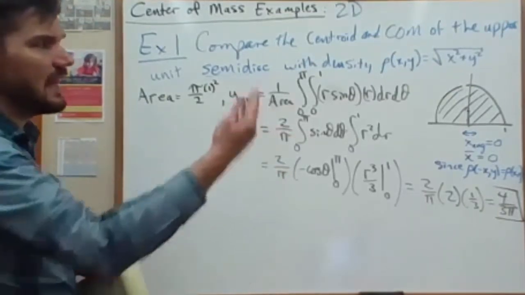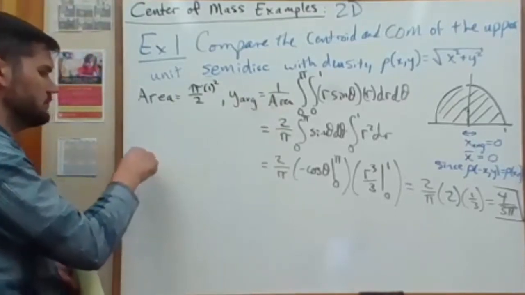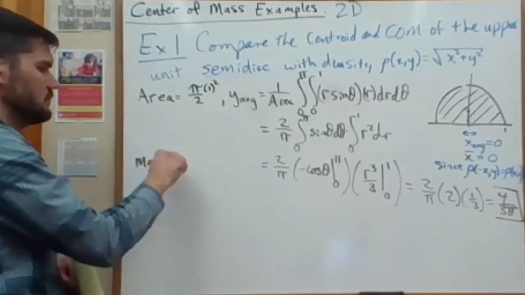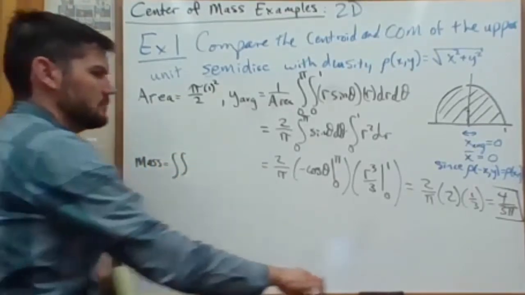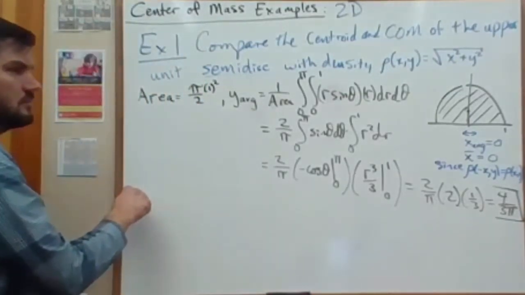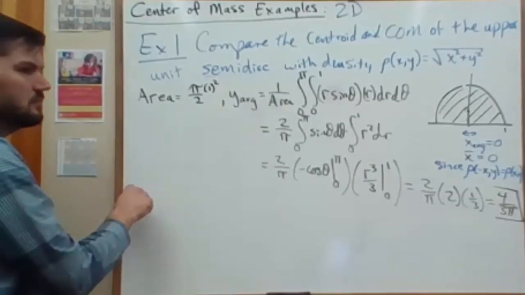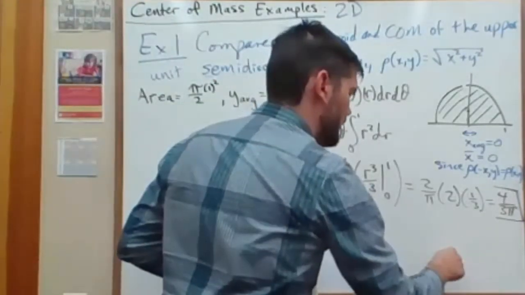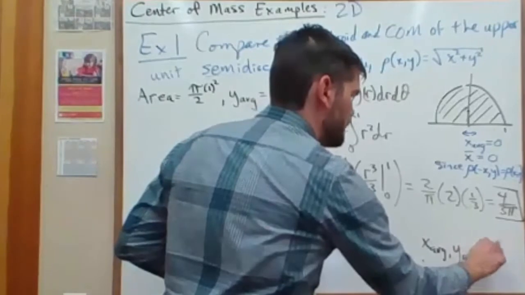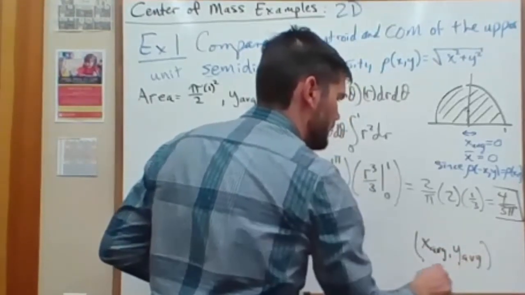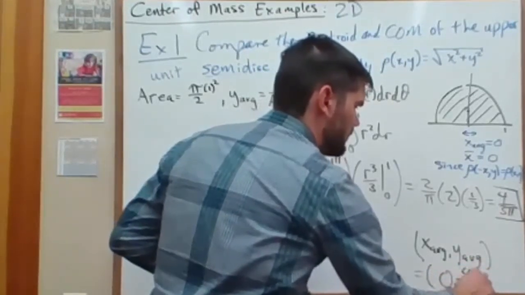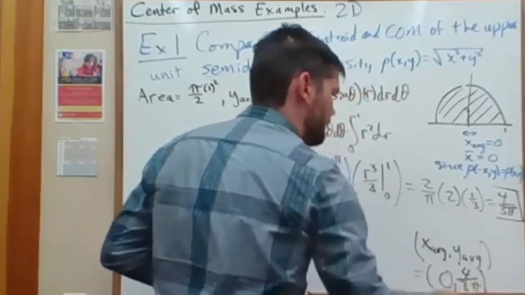Now let's look at how the integral changes with the center of mass, adding in this density function. I'll write down x average, y average equals 0 and 4 divided by 3 pi.